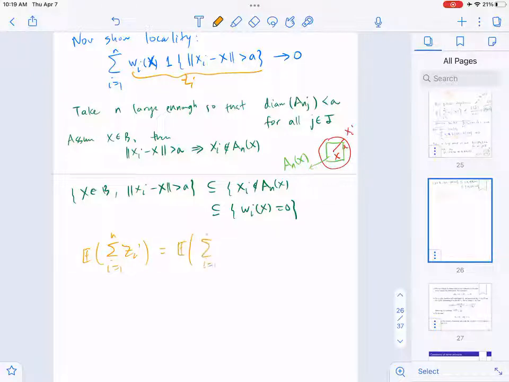I split it as the indicator of x in B times the summation of Zi, i from 1 to n, plus the indicator of x not in B times the summation of Zi, i from 1 to n.